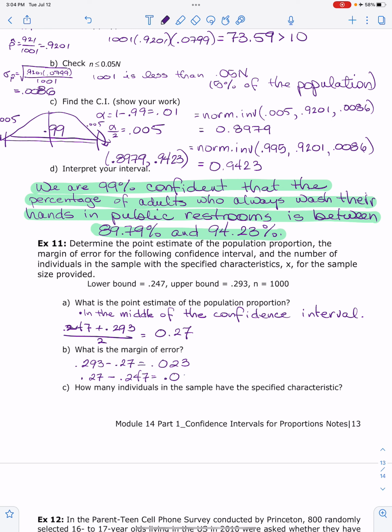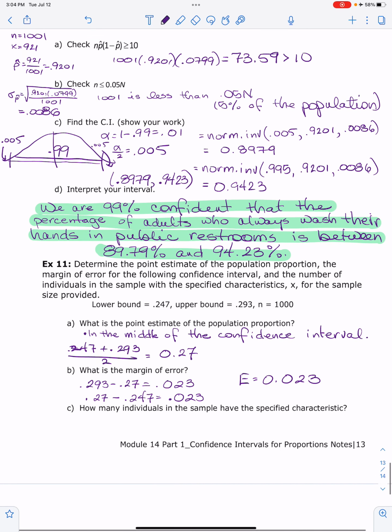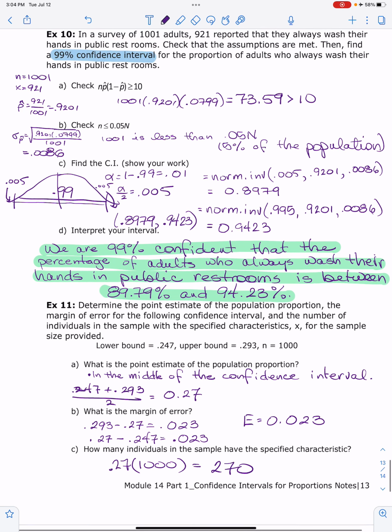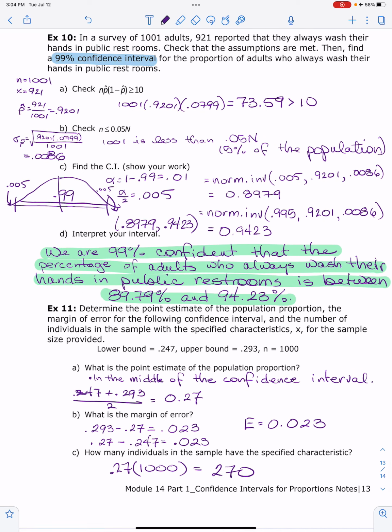We should get the same thing in both places here. So our margin of error is 0.023. How many individuals in the sample have the specified characteristic? Well, we have a sample of size 1000. We have a point estimate of 0.27. 270 members of our sample have the specified characteristic.